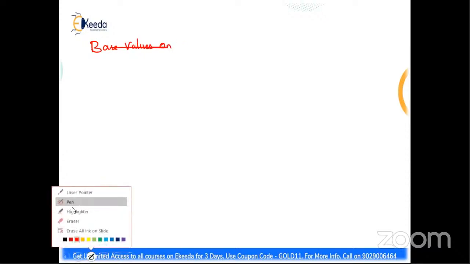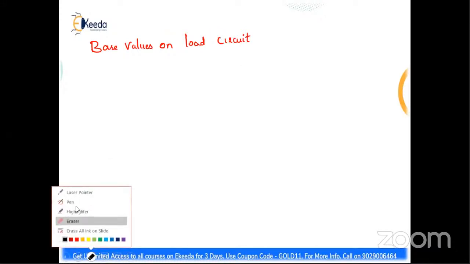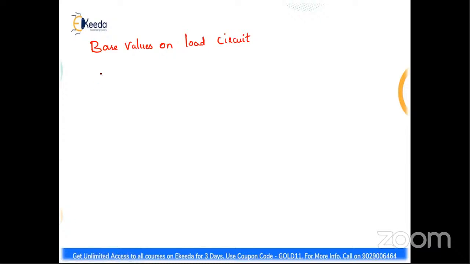Okay, so write down the base values on the load circuit. What are the base values on the load circuit?